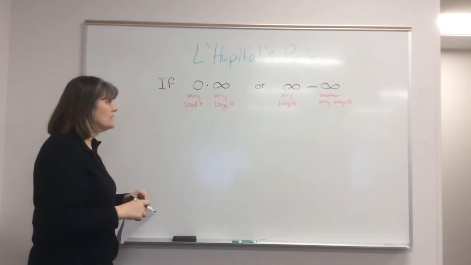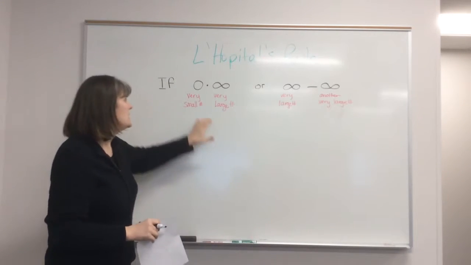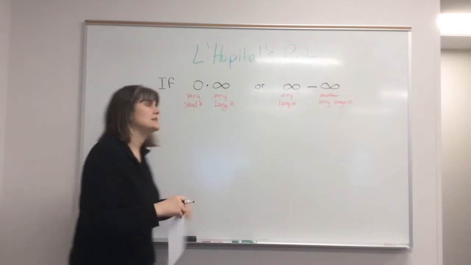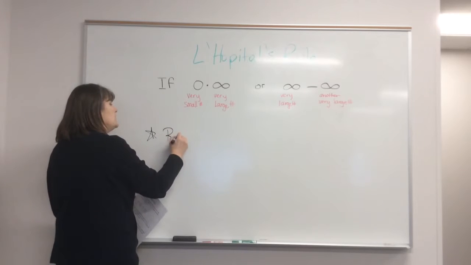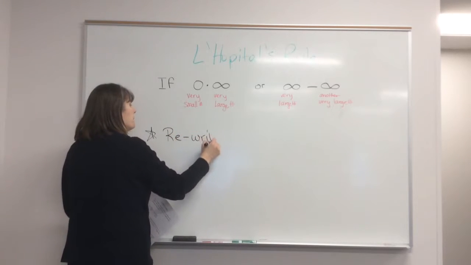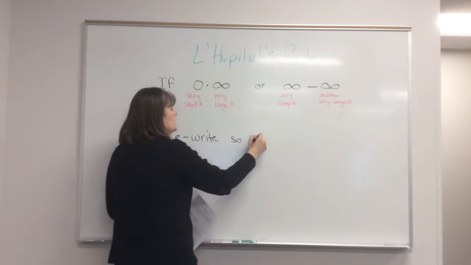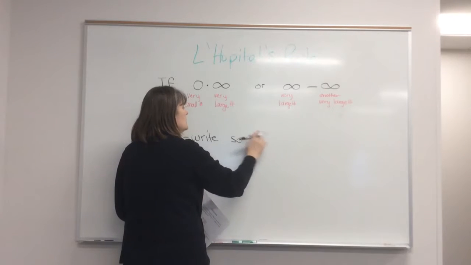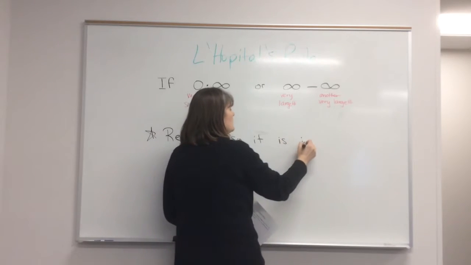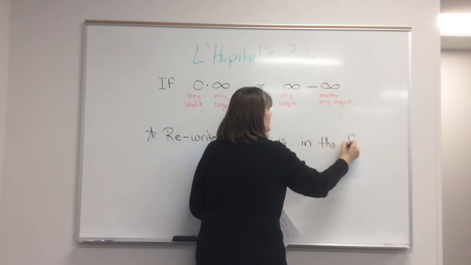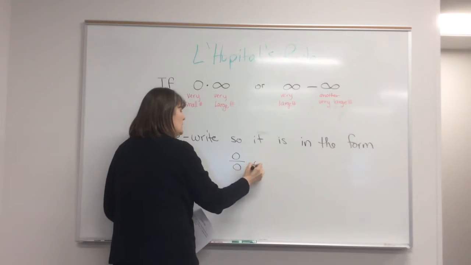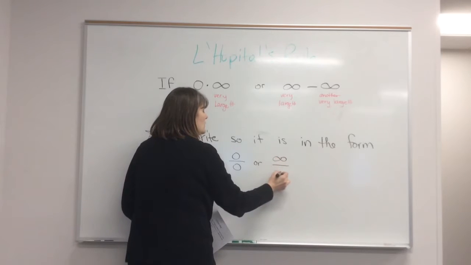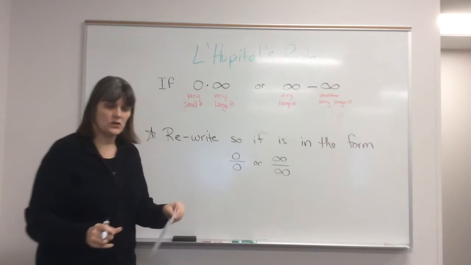So when we're evaluating a limit, if I get either of these two cases, we are going to rewrite it so it is in the form 0 divided by 0, or infinity over infinity, and then we can use L'Hopital's rule.